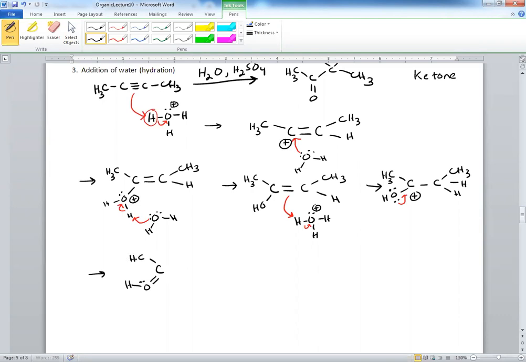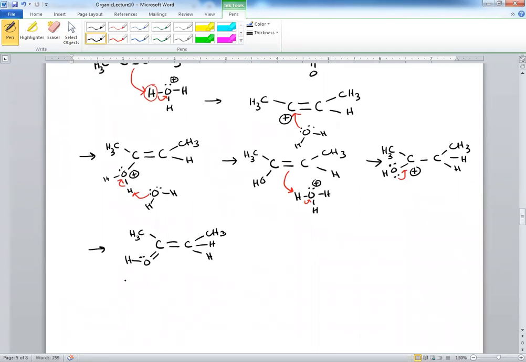And this, if you notice, offsets the deficiency in the octet here, because that's what the carbocation is.